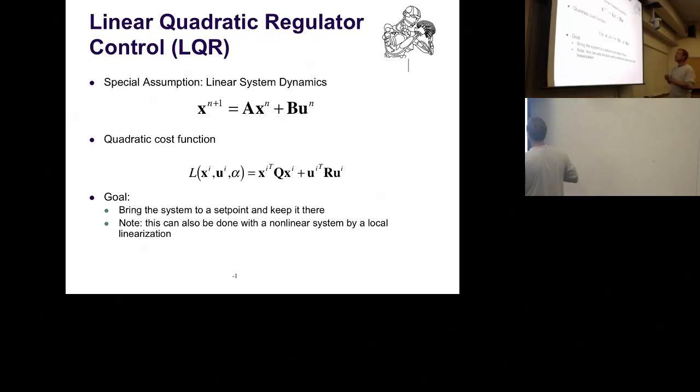Okay, what we're going to do now is assume that we have a linear system: X_{n+1} equals A, that's a constant matrix, times X_n plus B u_n. Okay, straightforward. And we have that nice quadratic cost function, L equals X transpose Q, indexed with i at time i, so L at time i, plus u transpose R u_i.